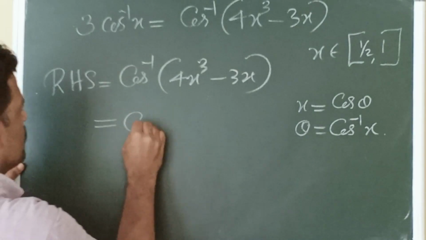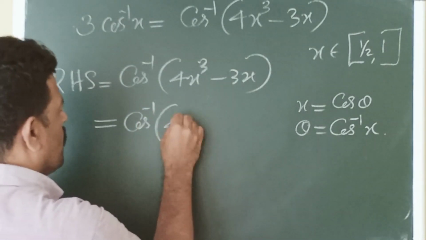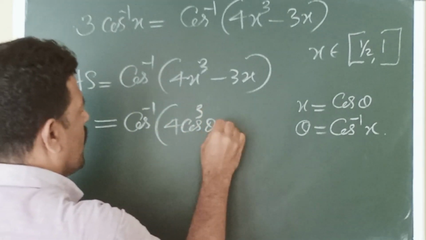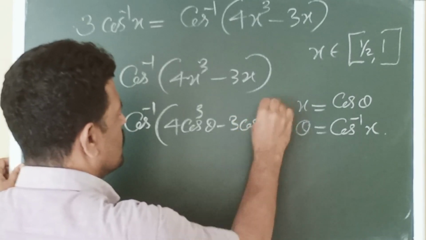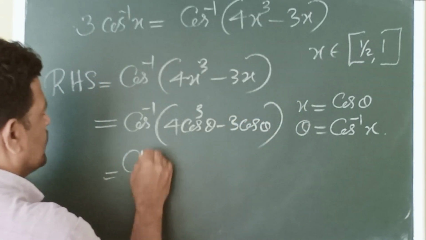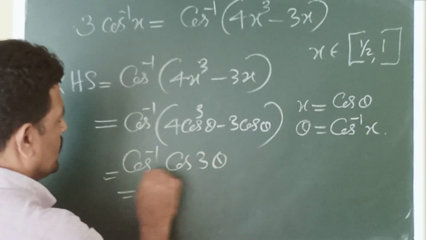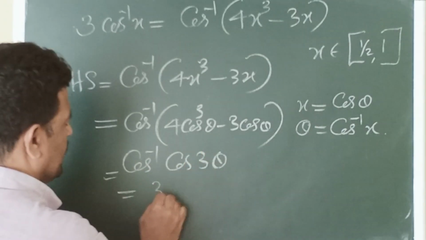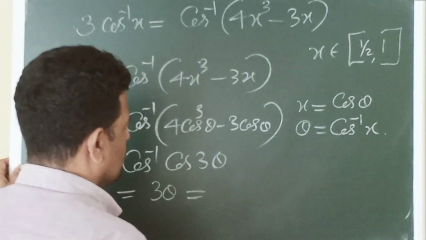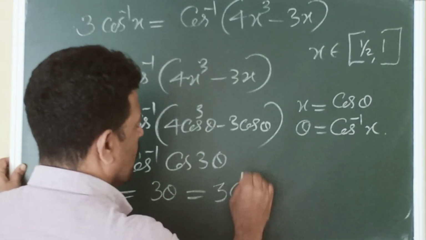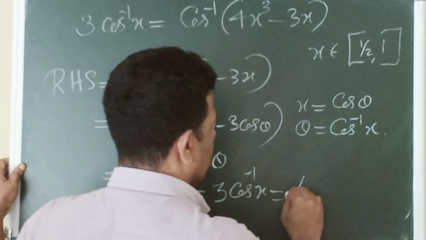Now, it is cos inverse of 4 cos cube theta minus 3 cos theta. That is cos inverse of cos 3 theta, which means 3 theta. Theta is cos inverse x. Therefore, the answer is 3 cos inverse x. That is the left hand side.